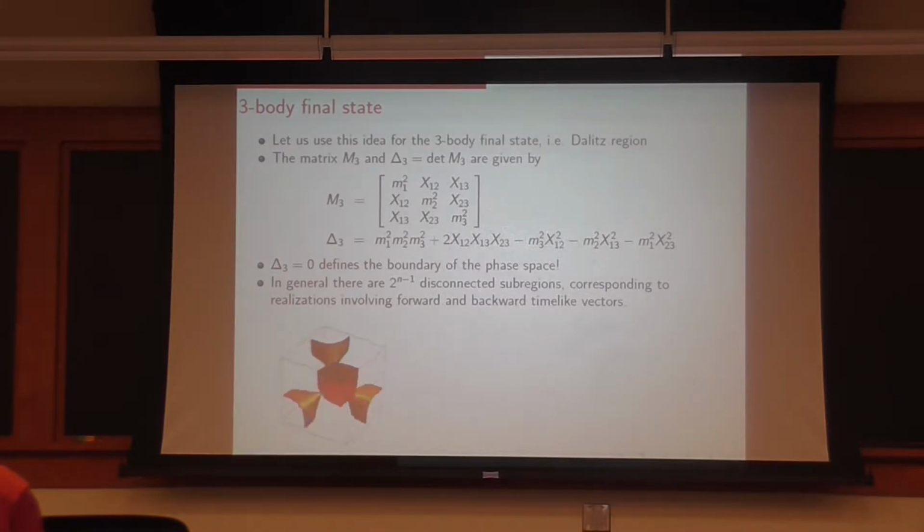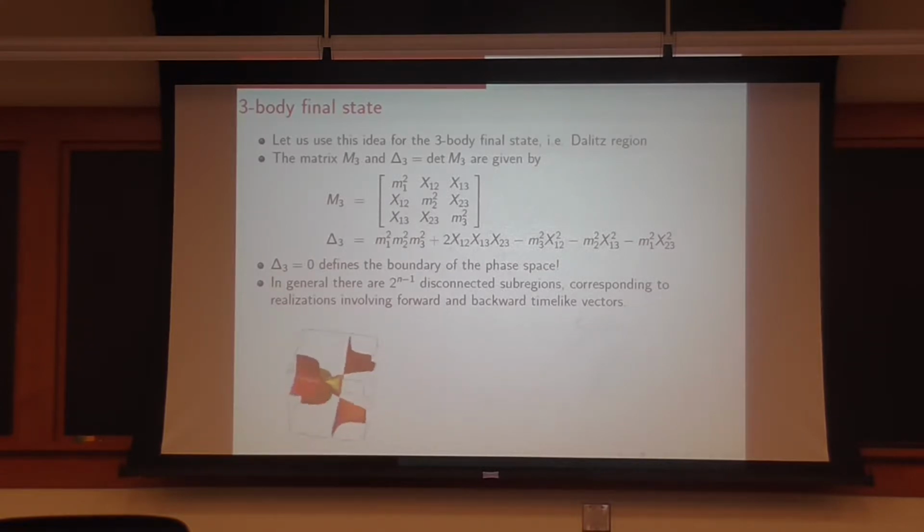The Dalitz region. So we construct this matrix M_3, and in this case, we have a three-body final state. Now the largest region is going to be R_{1,2} because it's a 3-by-3 matrix. We're going to have 1 positive and 2 negative eigenvalues, and the boundary of the phase space in this case is defined by delta_3 equals 0.